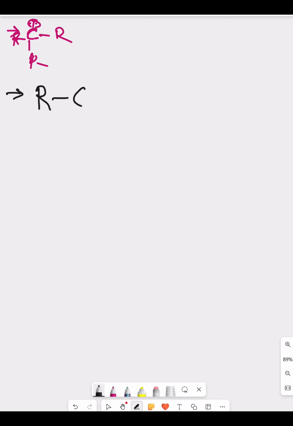This is your alkyl group. All these are your alkyl groups. These are electron donating groups. And this is your carbocation. And they will donate electrons to this positively charged carbon to neutralize the charge and make it stable.